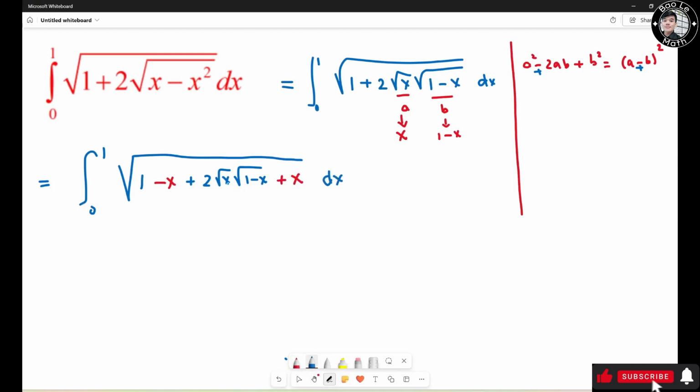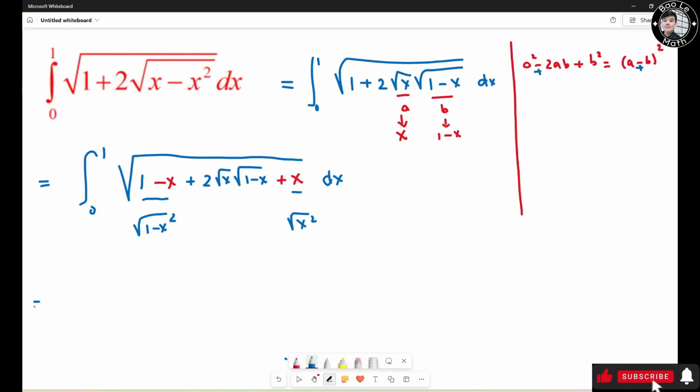So you see that this remains unchanged. Now, this can be written as square root of 1 minus s squared, and this can be written as square root of s squared. So now I can apply the complete square formula right here.